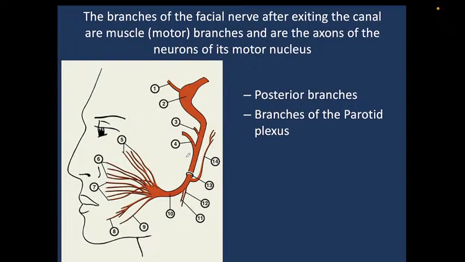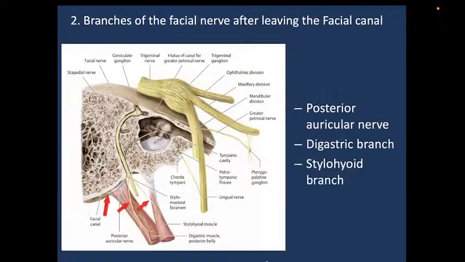And you see here the branches of the external part of the facial nerve, located after it leaves the stylomastoid foramen. Here you see the same figure, and this is the stylomastoid foramen, and three small nerves branch from the facial nerve right after it leaves the stylomastoid foramen.